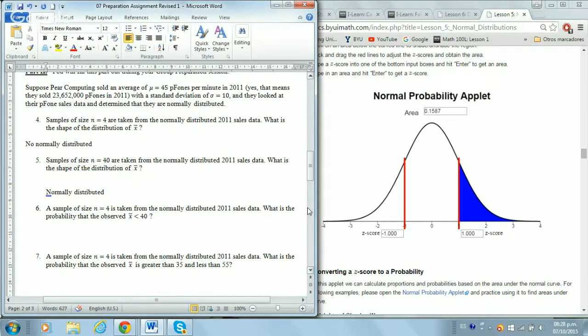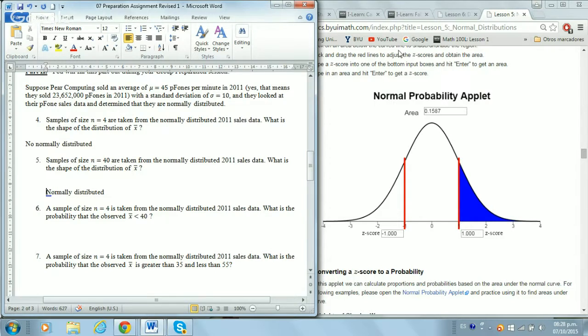Yeah, the new standard deviation, you remember. Although I have a question, because after you find the new standard deviation, you do the equation, 40 minus 45 divided by 5. 10 divided by the square root of 4, which is 5.